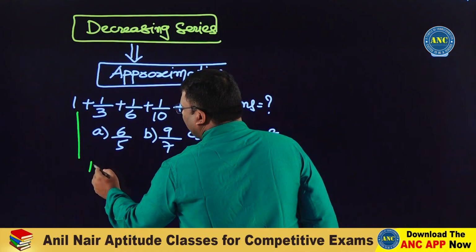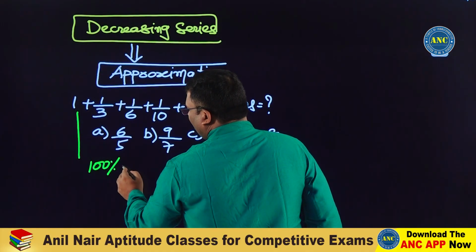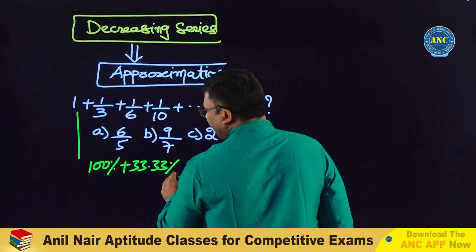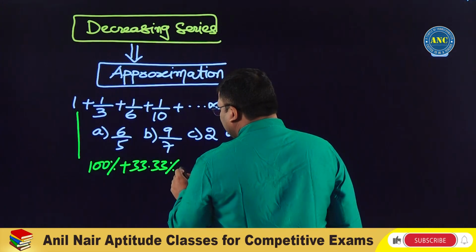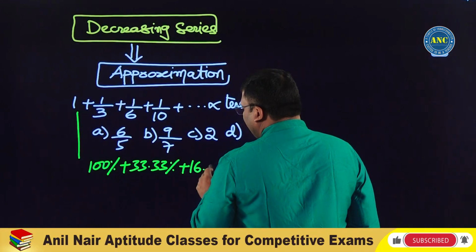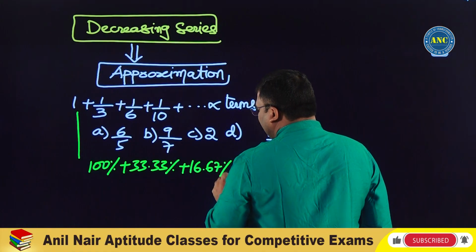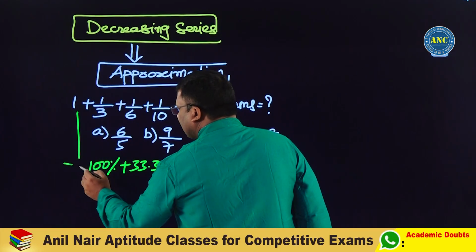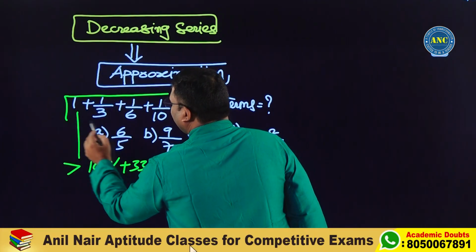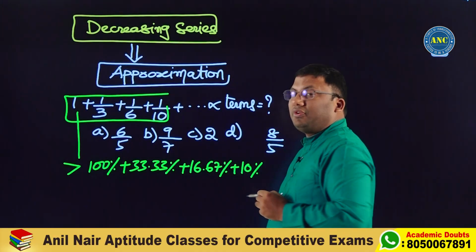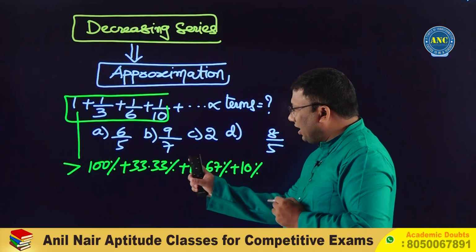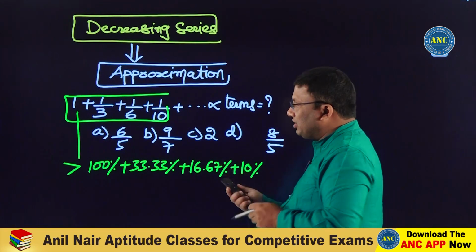1 is 100%. 1 by 3 is 33.33. 1 by 6 is 16.67. 1 by 10 is 10%, plus positive. I took only the first 4 values, and to these first 4 values I am adding a positive value. So it is greater than 100%.